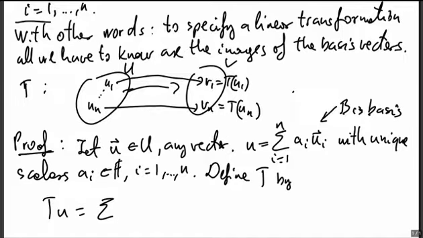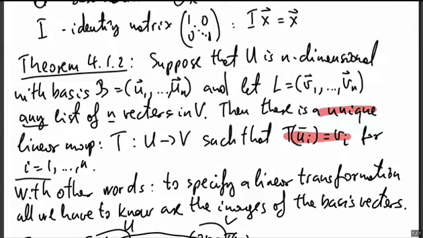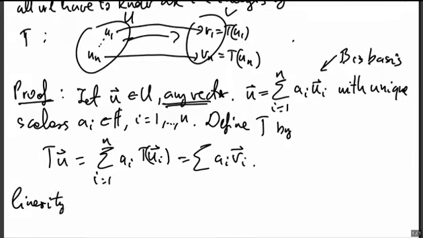So if we need this, then let's define it that way: T(u) is the sum of ai times T of ui as i goes from 1 to n, which is then the sum of ai vi, the vectors that we already know are the images of ui under T.